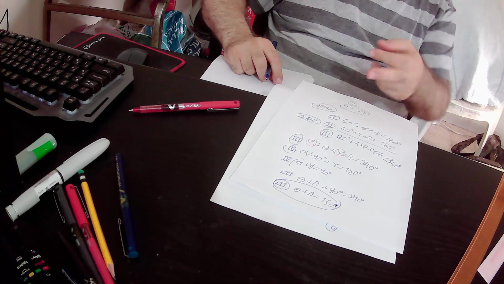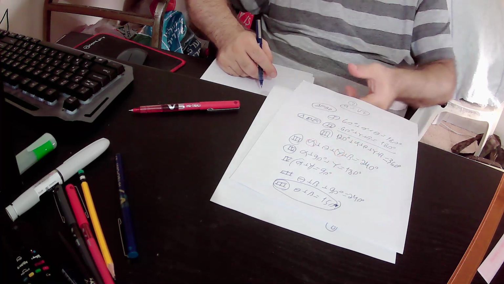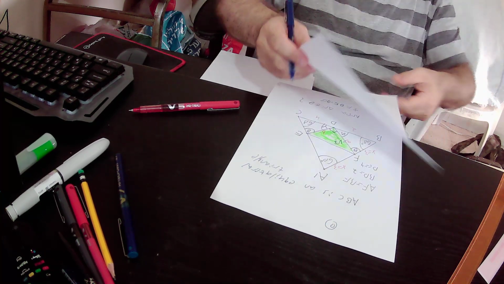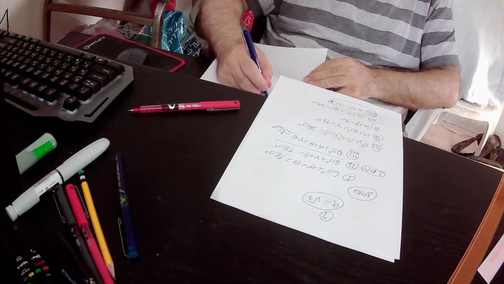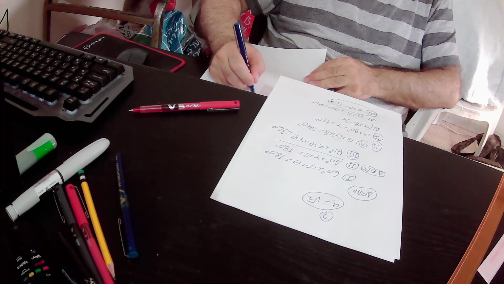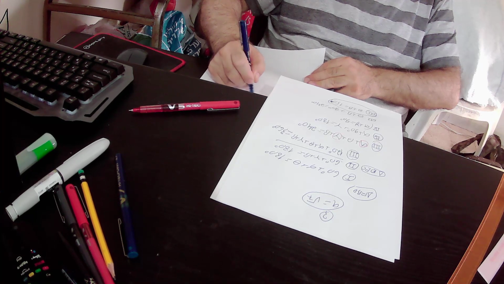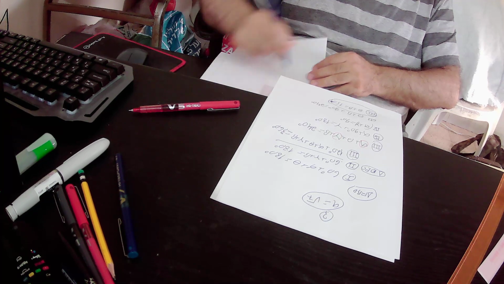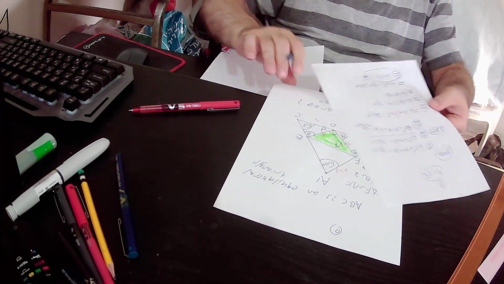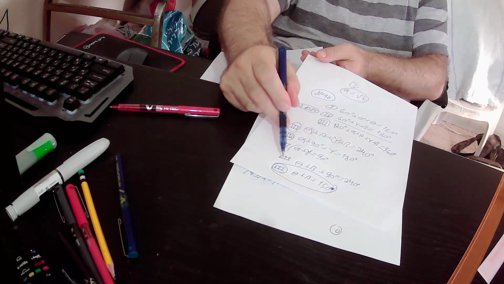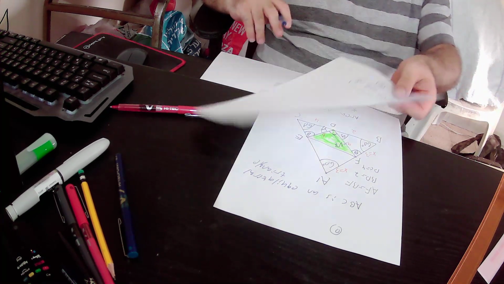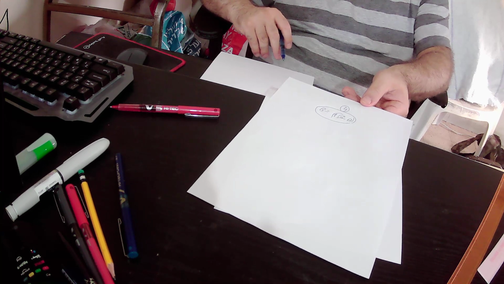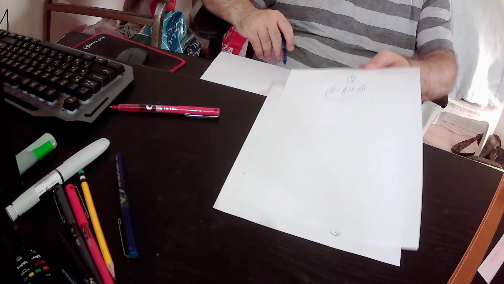So we can subtract theta, and we will get that beta equals 150 degrees minus theta.